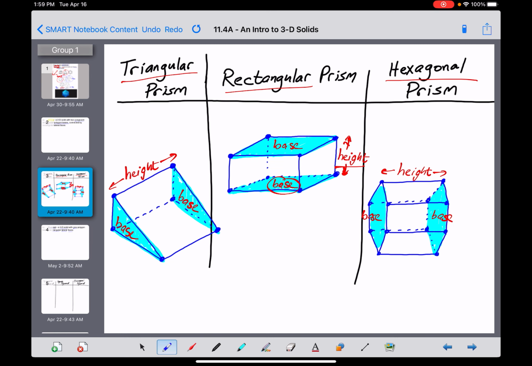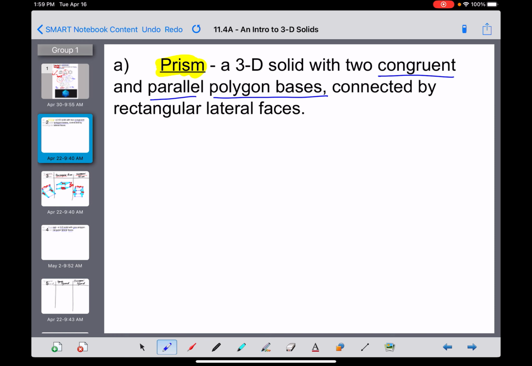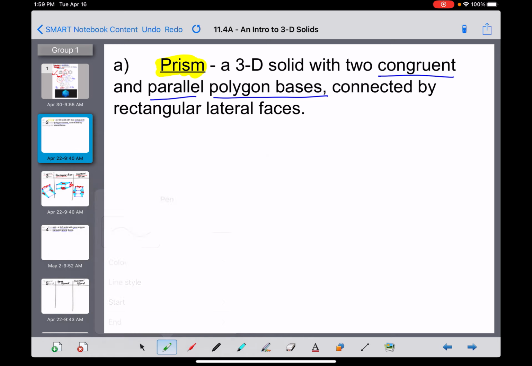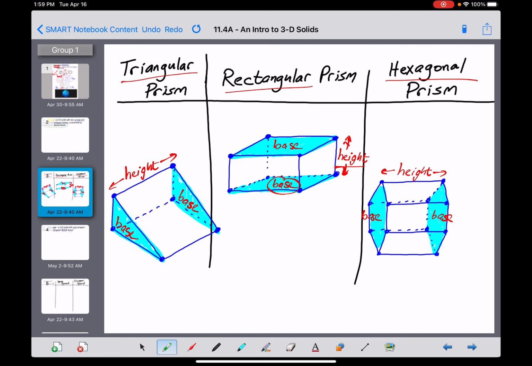I didn't really talk about this, and I should have here a second ago. In all of these prisms that we just drew, I didn't really focus on the fact that, I'm going to switch colors here, guys, and I'm going to go green here. This comment right over here, that every prism has 2 congruent and parallel polygon bases, but the lateral faces, the sides, are rectangles. Well, sure enough here, guys, you've got a rectangle here, another rectangle right here.